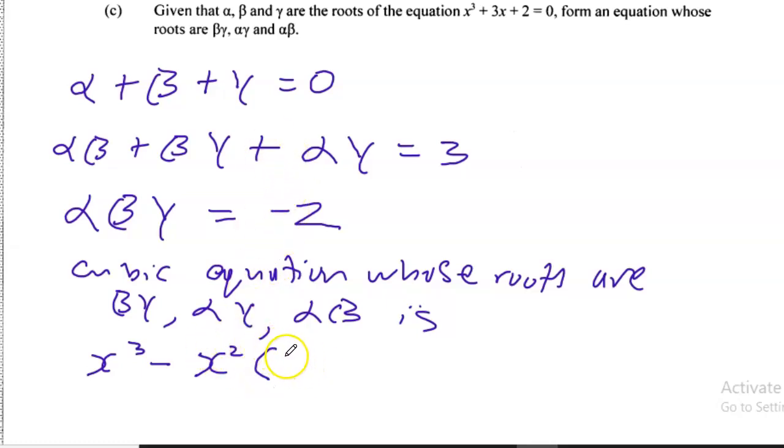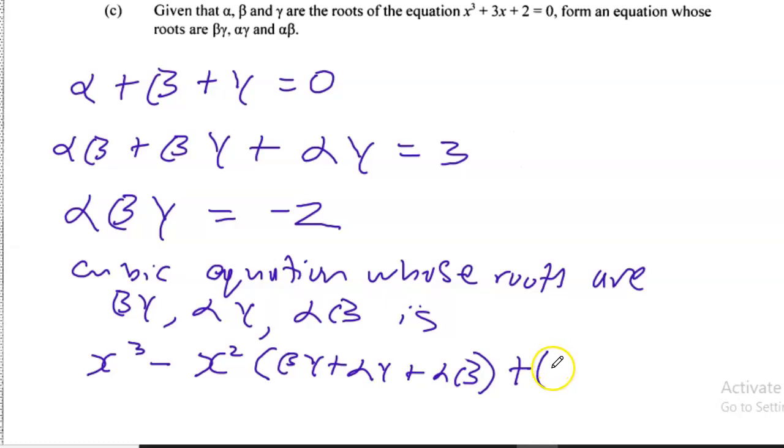So the sum is beta gamma plus alpha gamma plus alpha beta, plus the sum of the products. So we're going to take the product. So we're going to start the product now.